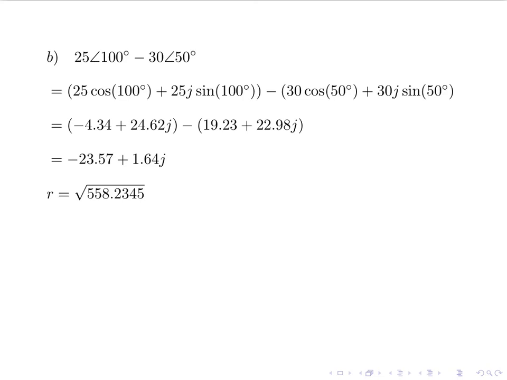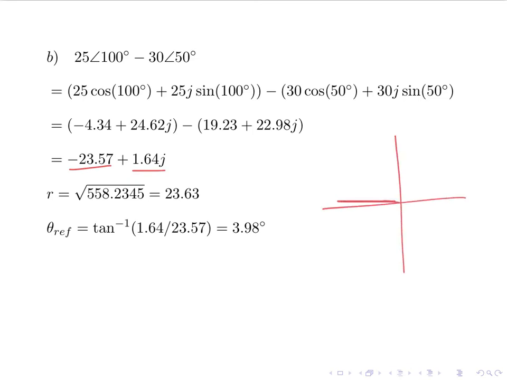So again, using those same formulas from before, R is going to be 23.63. Theta reference will be 3.98 degrees. Hopefully that makes sense. My X or my A is a lot bigger than my Y or my B, so it's going to end up being a smaller angle. It is also in quadrant 2, like I have it drawn, right?